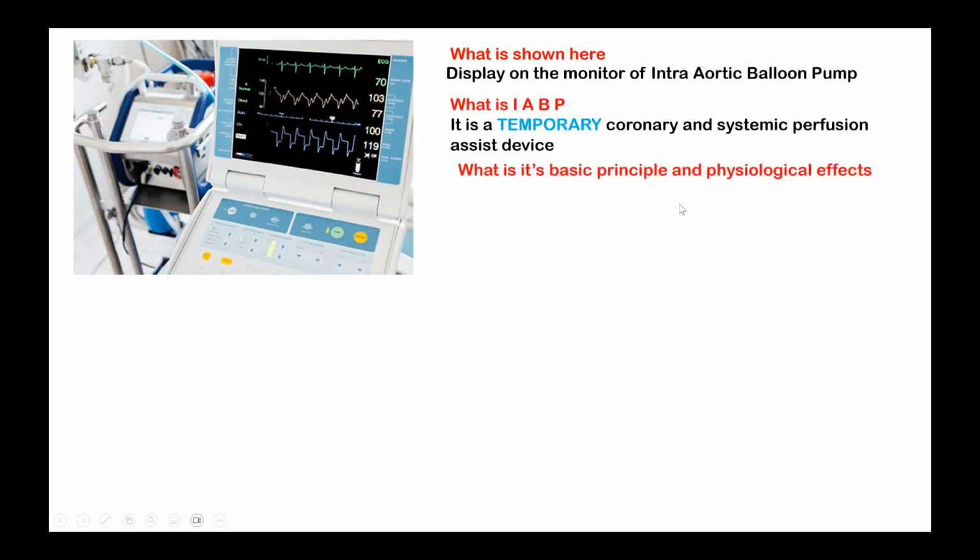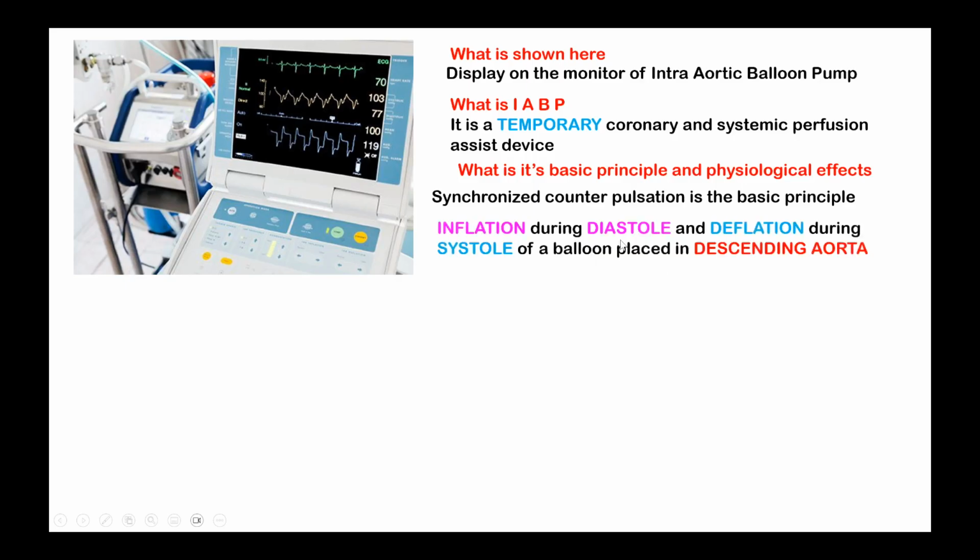What is the basic principle and physiological effects? Of course, he described the basic principle of synchronized counterpulsation: inflation during diastole and deflation during systole of a balloon placed in the descending aorta. This helps to improve myocardial oxygen supply and reduce myocardial oxygen demand.